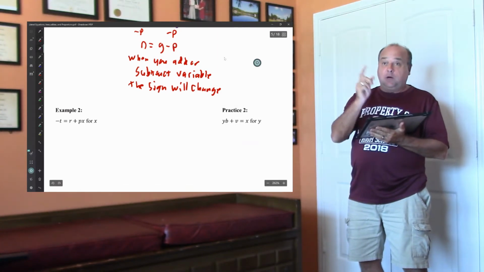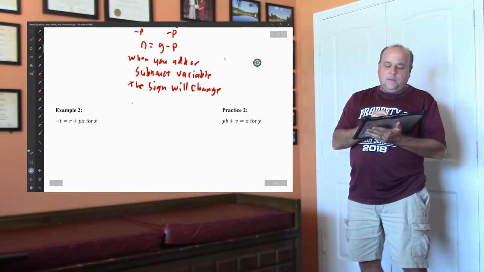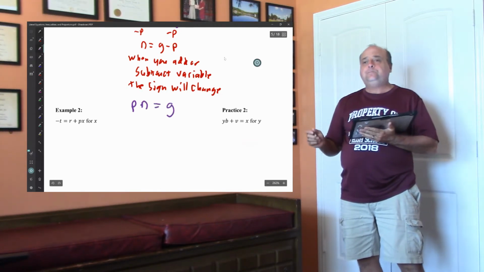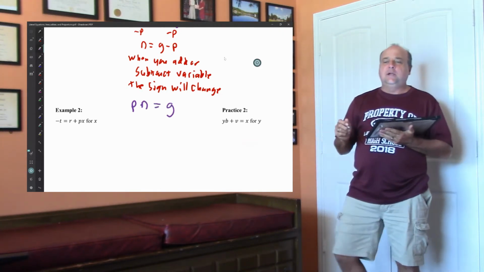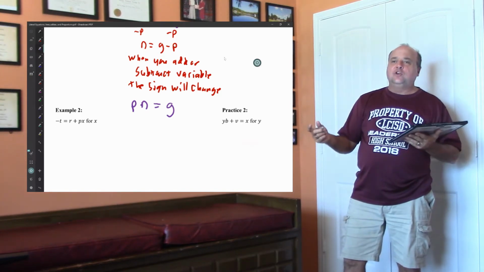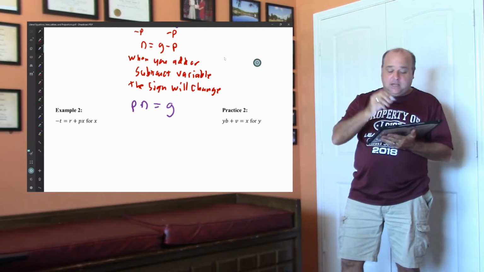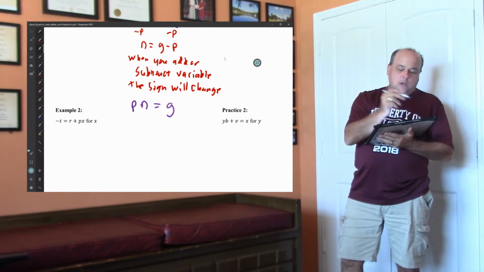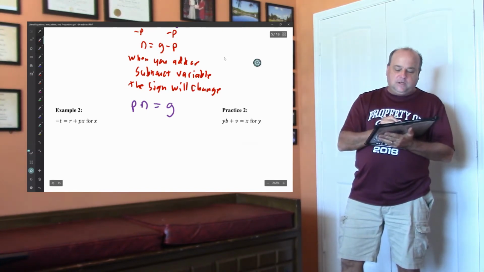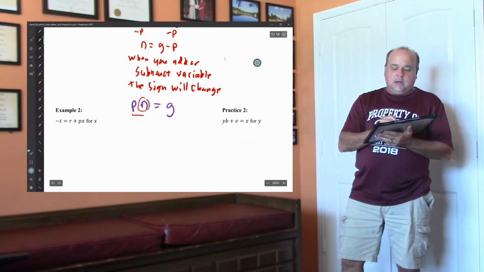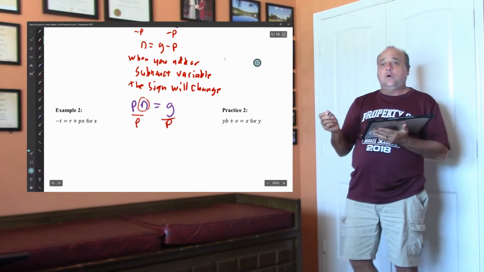Now then, let's go to this. We're solving for n, so write down P times n, or Pn equals G. Notice here we're not adding or subtracting, we're multiplying, and the opposite of multiplying is dividing. So we're going to circle the n and divide both sides by the P, aren't we?